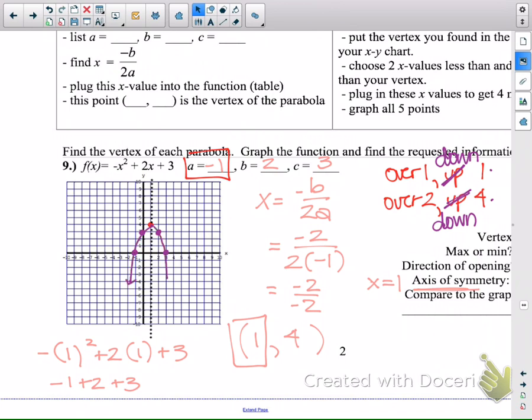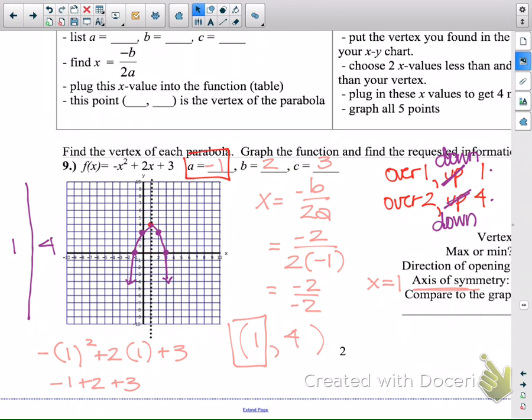You then have your 5 points to graph, and that's all you need to do. So you're not plugging in any numbers at all. You're just using that pattern and changing it based off your A value to graph your quadratic. If you are a table person, you may draw a table, put your vertex in the middle of it, and then you pick 2 points on either side of your vertex to plug in.